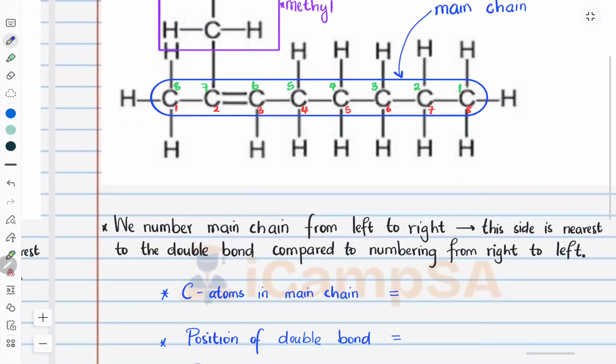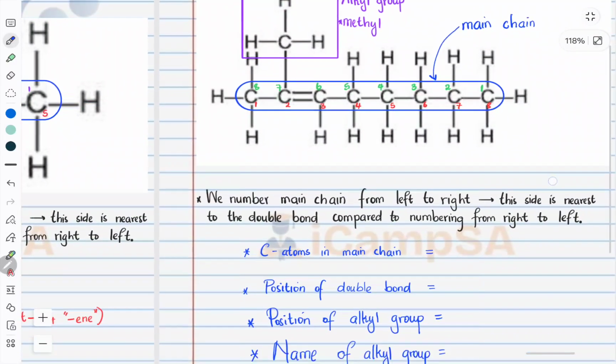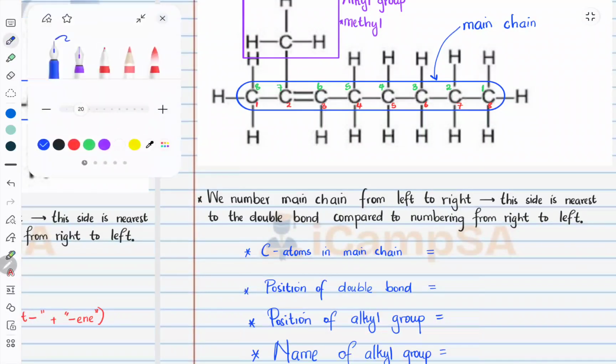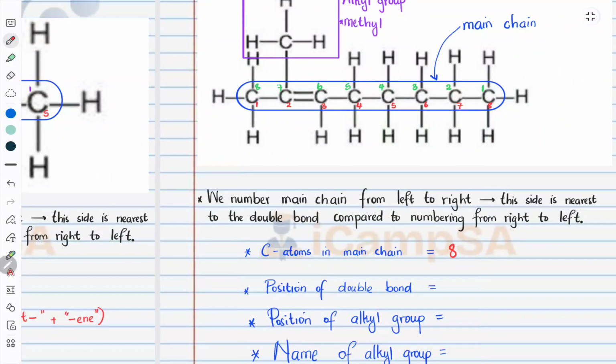All right, so let's fill our form. Number of carbon atoms in the main chain, we found that there are 8. We'll put our 8 here. And then position of the double bond, we found that it's on position 2. And then position of the alkyl group, it's also on position 2 of the carbon chain, or it's found in carbon atom number 2 along the long continuous carbon chain.